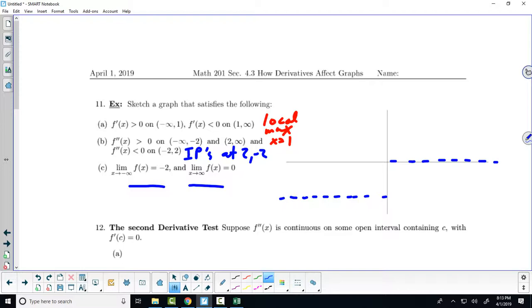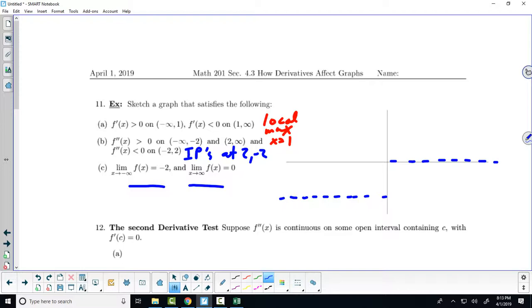Just try to emphasize that a little bit more. That's okay. So let's see here. We're coming towards here, and we've got to be increasing.